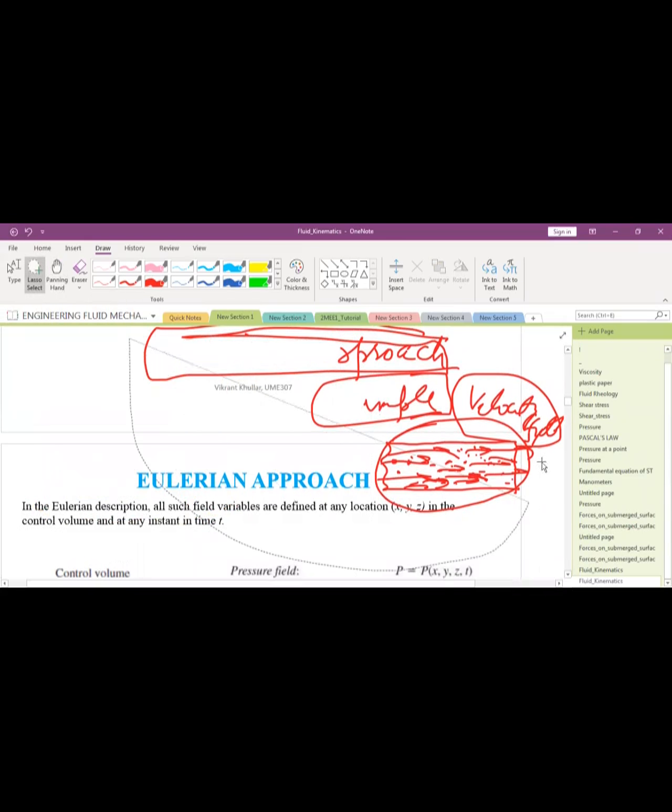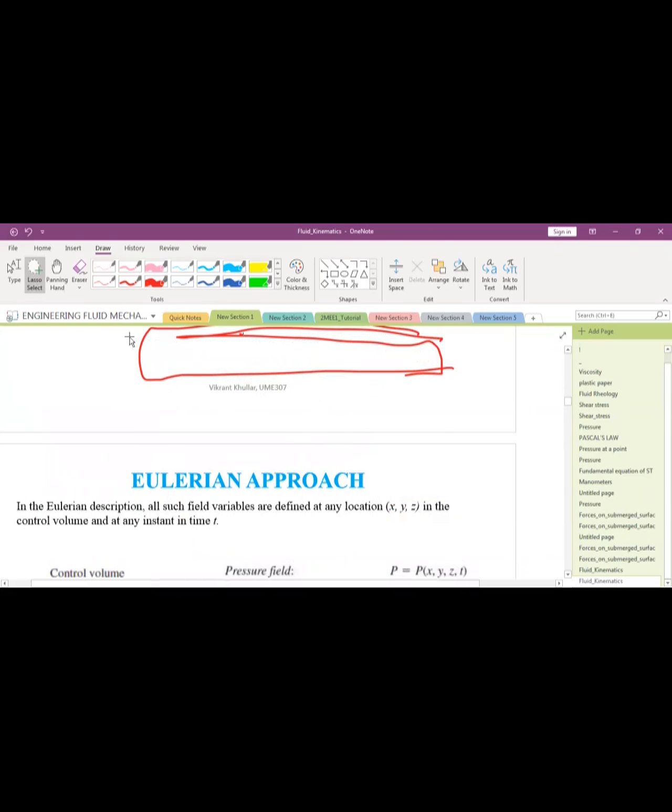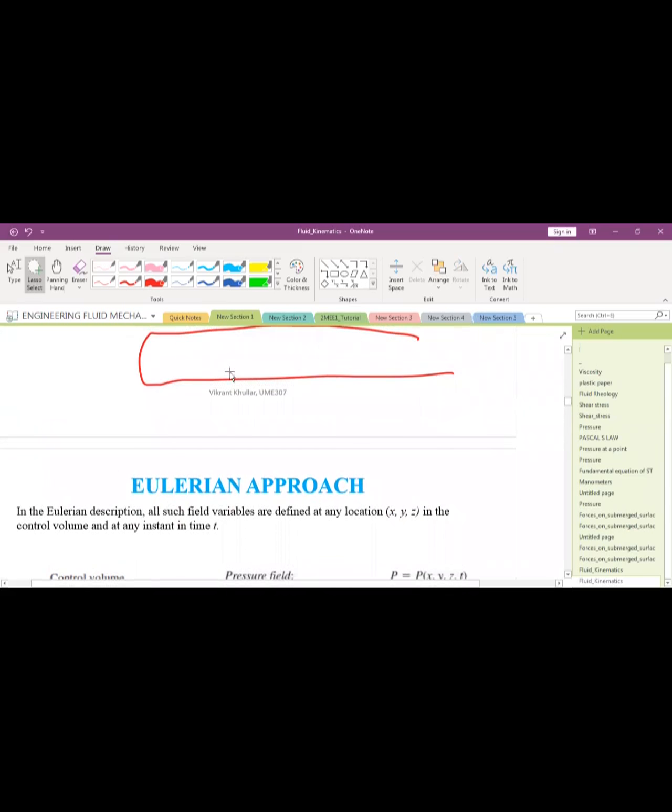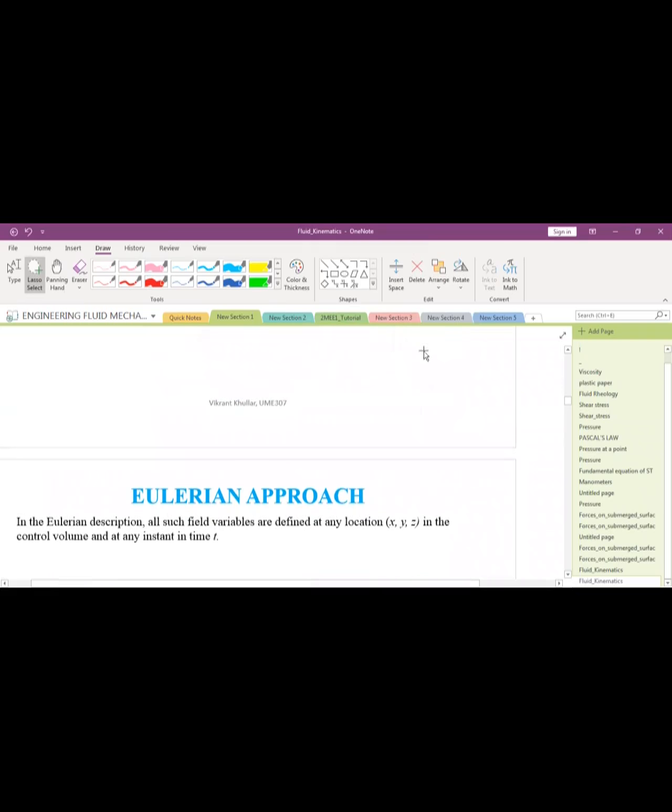Now this is what is Eulerian approach, that you are defining everything at a single moment. Now try to see, this was a magnet, so this was a particle that was moving, so this was the magnetic field.